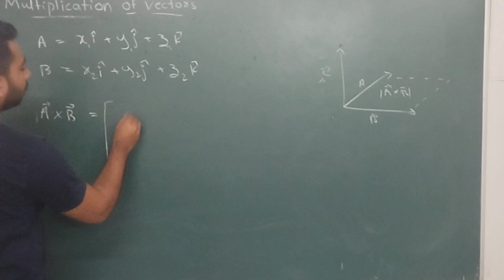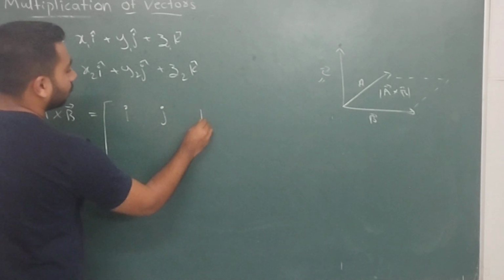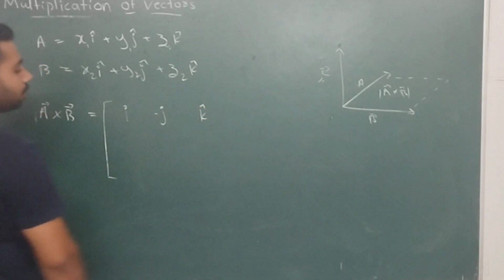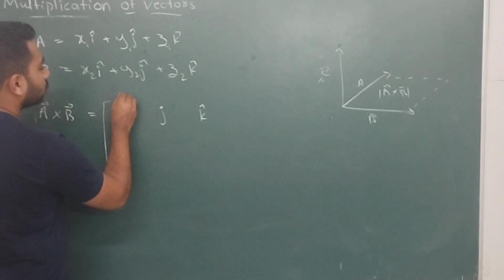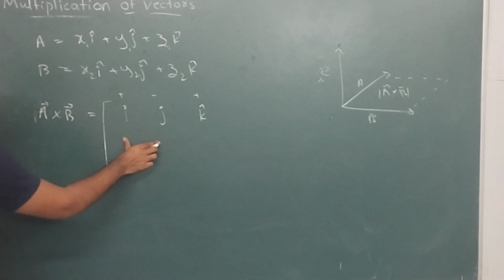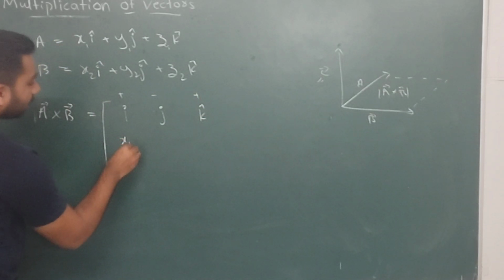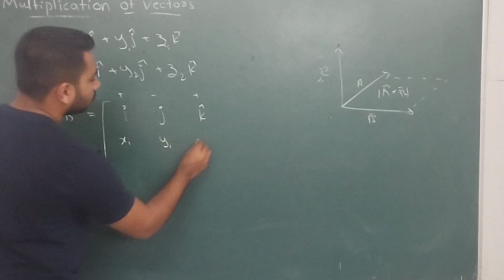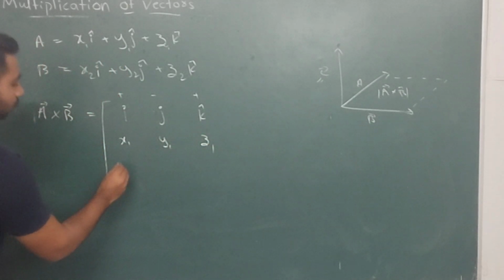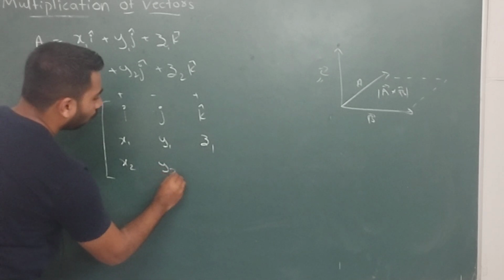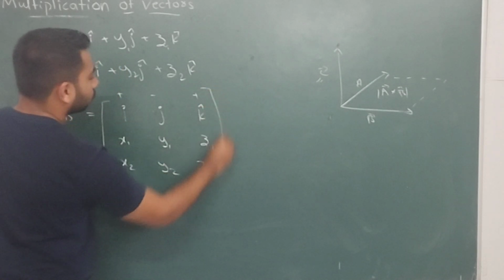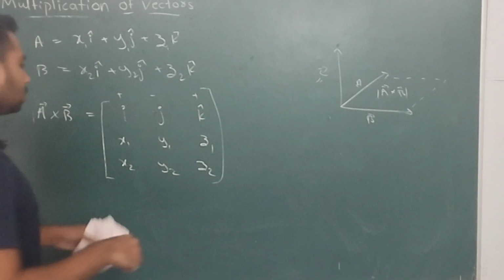Write i, j, k here, with signs positive, negative, positive. Now write the values of the first one, x1, y1, z1, and the second one, x2, y2, z2. Solve it, you will get your answer.